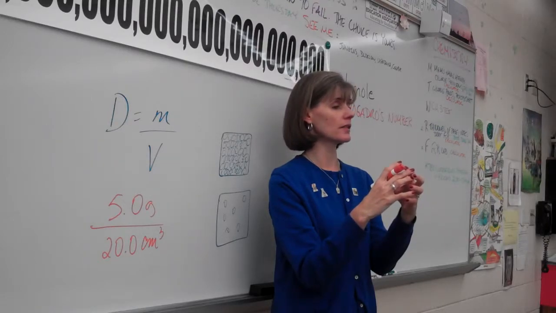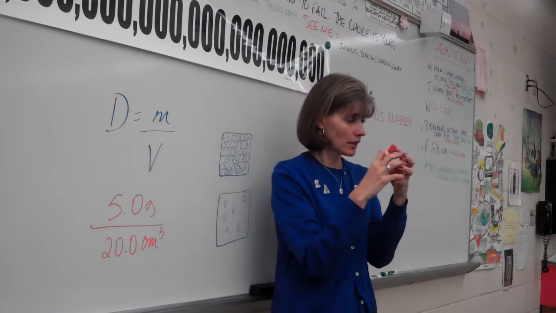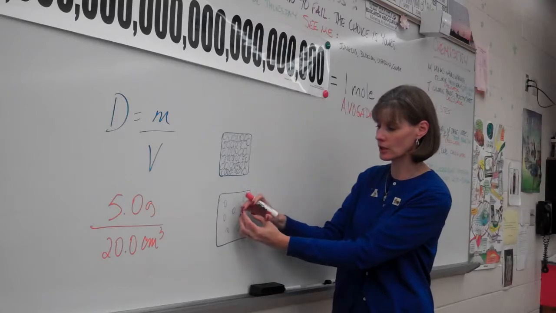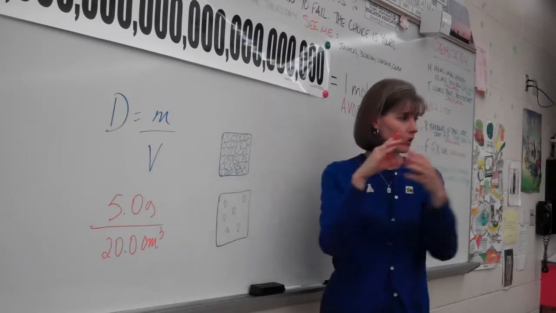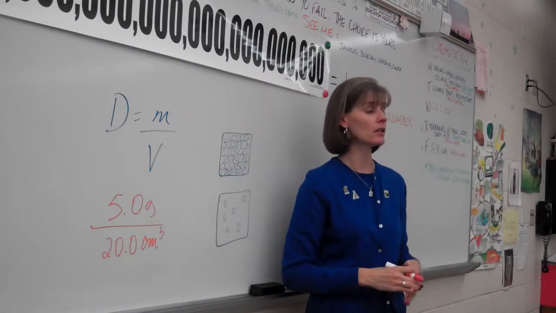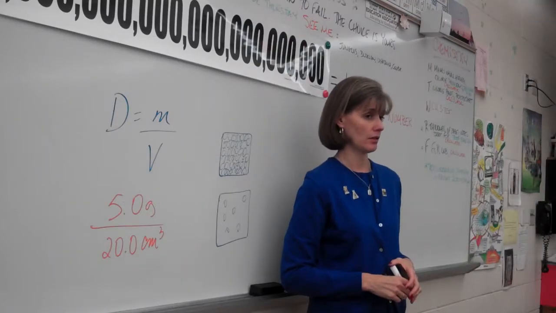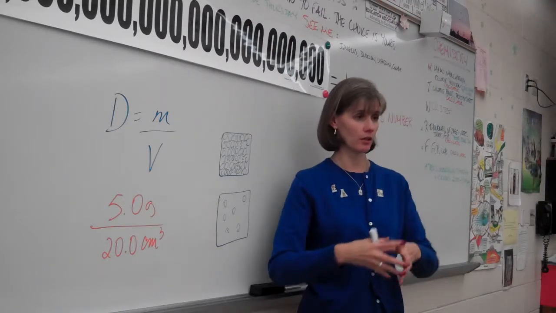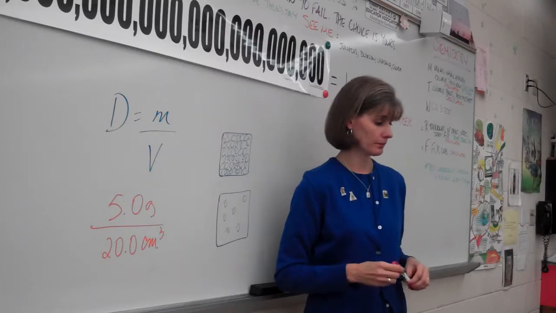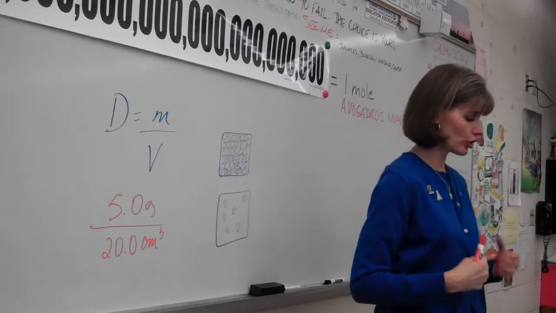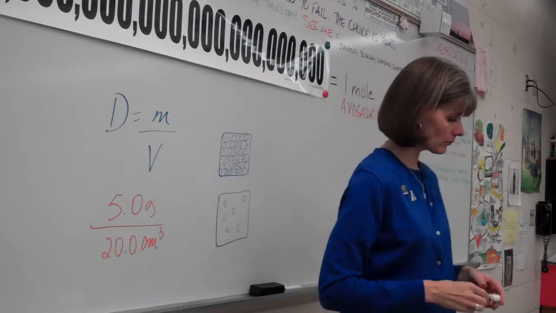So what happens to its density? Increases, because we're squishing these particles closer together. They become more tightly compacted, higher density. The opposite is true if we let that expand. That's the general idea behind this question.